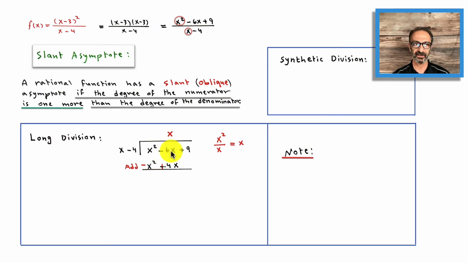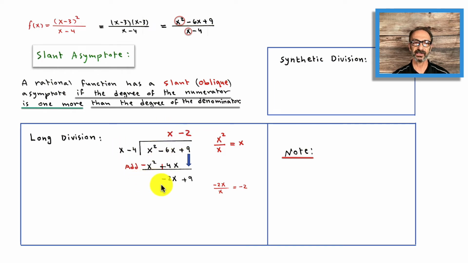On this side, we have negative 6x plus 4x, or add 4x to it, which is minus 2x. So let's put it down. We take the 9, bring it down, and now we have minus 2x plus 9. We do the same process again. We take the leading term divided by the leading term, meaning take minus 2x, divide by x, I get negative 2. This negative 2 goes up here on top of the 9, and we multiply.